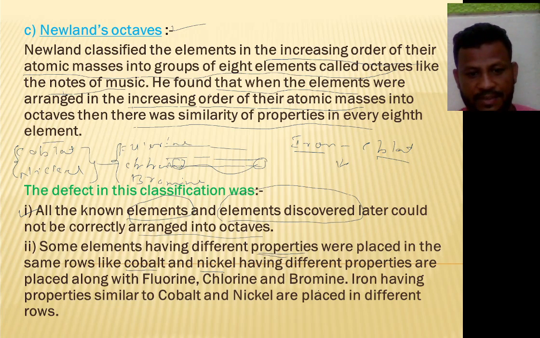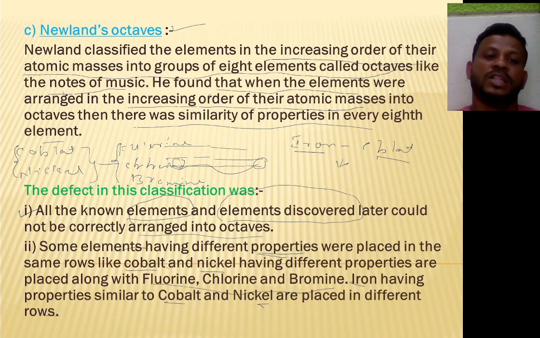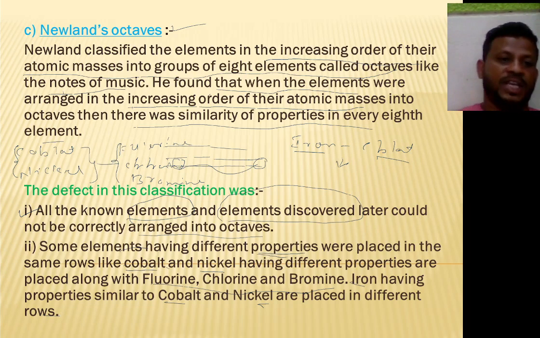Look here, cobalt and nickel having different properties were kept along with fluorine, chlorine and bromine. Even iron, having properties similar to cobalt and nickel, was placed in a different row. So the Newlands' octave also failed to classify the elements.